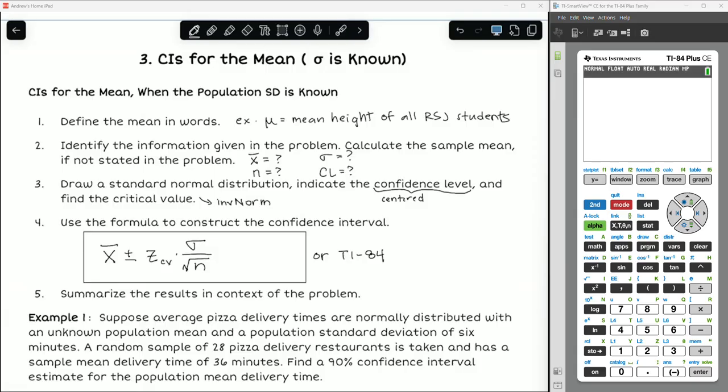Once we have our confidence interval, you'll notice there's going to be two values, one for the plus and one for the minus, and then we should state that result in context of the problem.